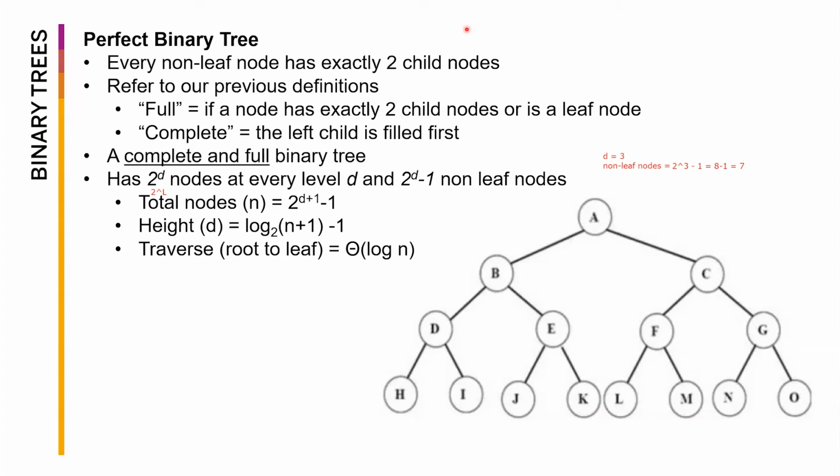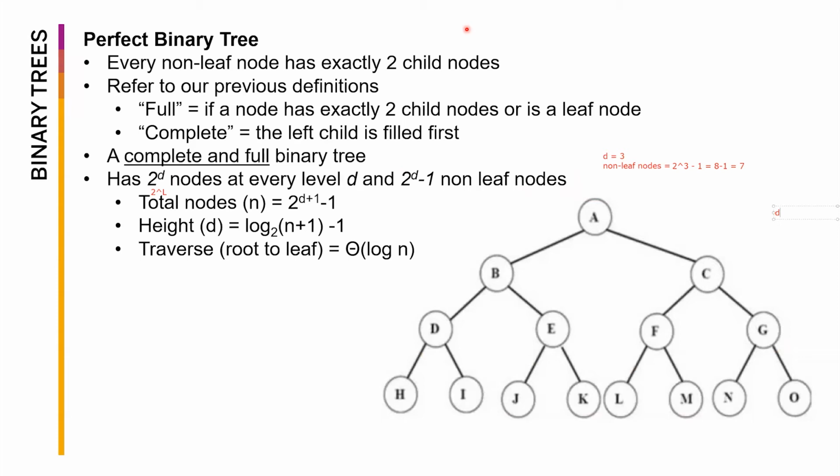Okay, let me give you a clearer clue again. So we have 2 raised to D minus 1 non-leaf nodes, and we have 2 raised to D nodes at every level D. And we know from this graph, or from the missing definition on the slide, that the non-leaf nodes are the nodes from level D equals 0 to D minus 1.